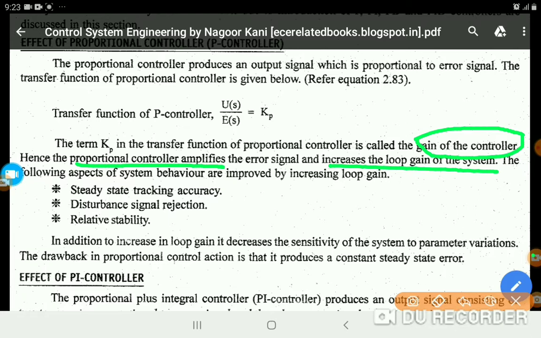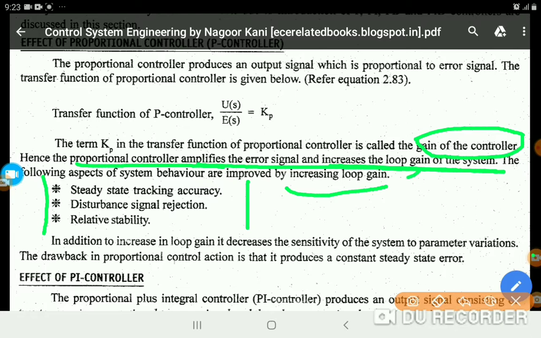While introducing a P controller, it amplifies the error signal and increases the loop gain of the system. What are all the effects while we are increasing the loop gain? In the following aspects, the system behaviors are improved by increasing the loop gain. So students, what can we infer? Because of a proportional controller, the error signal is amplified and the loop gain increases.